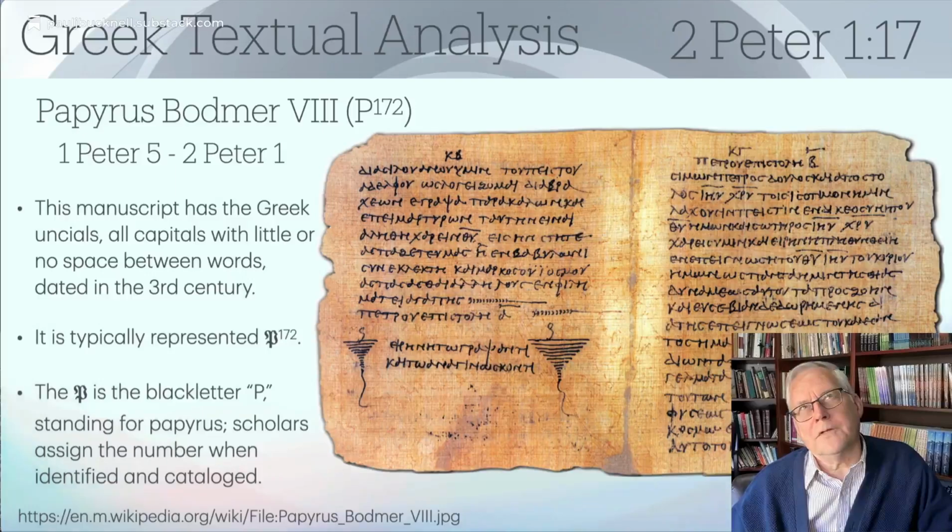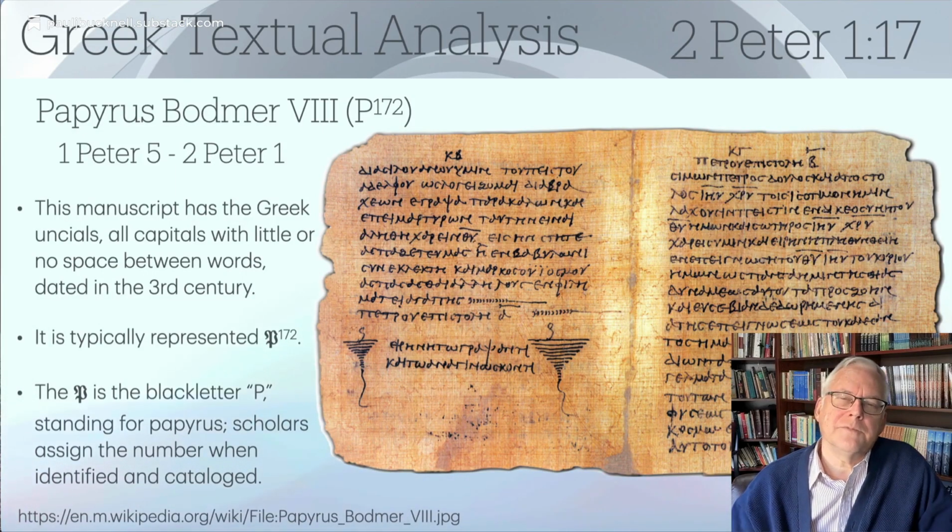From about the beginning of the New Testament, right up to about the 6th, 7th century, they used these uncials: no punctuation, no small letters, no spaces between the words.